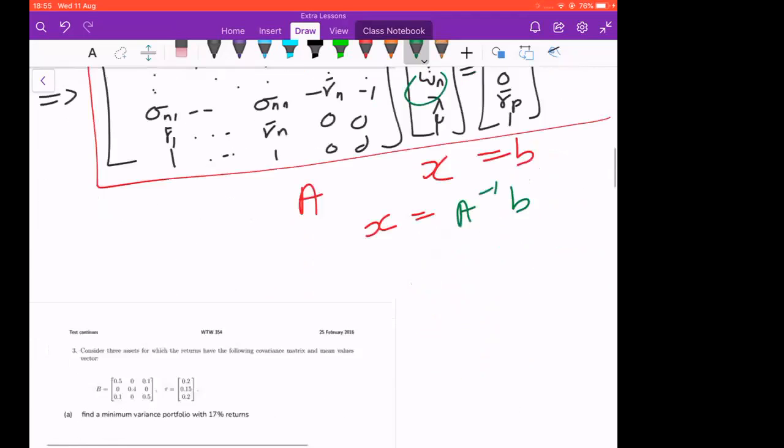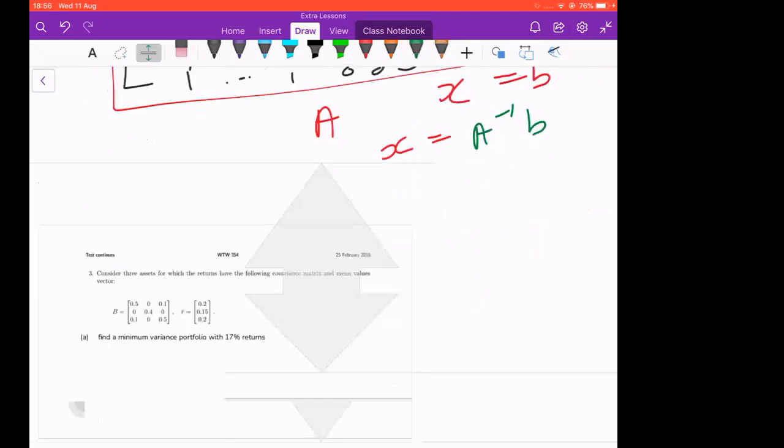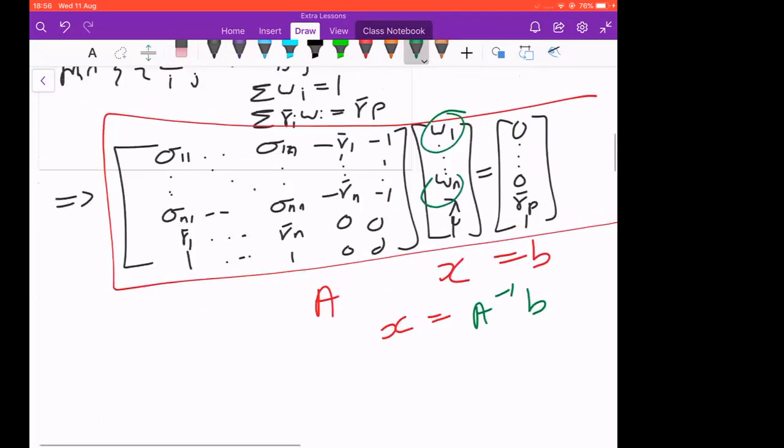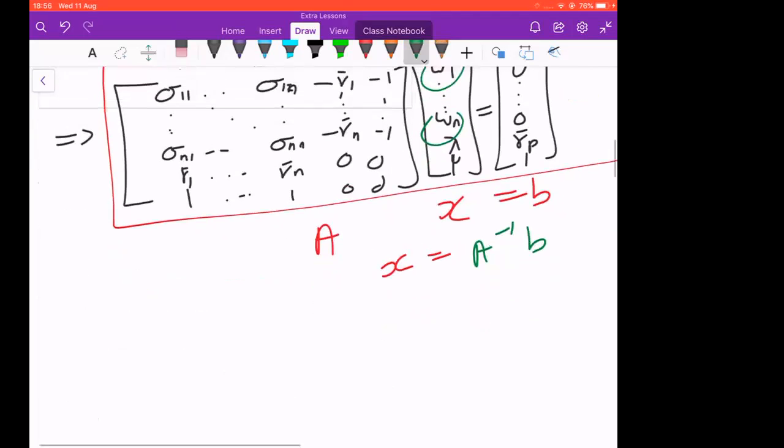There is another method you can use, instead of using this long matrix. Sometimes they cannot give you the returns.